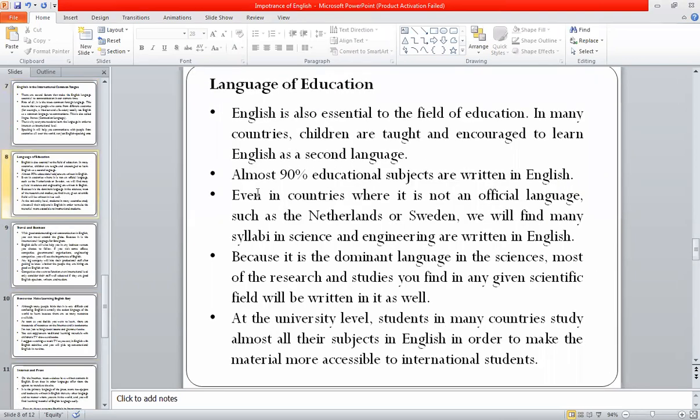Then next we have to see that it is the language of education. As you know, we have our curriculum and our syllabus in this language.